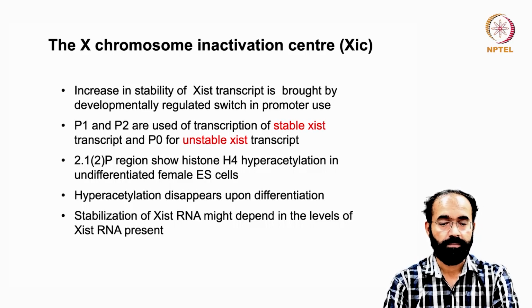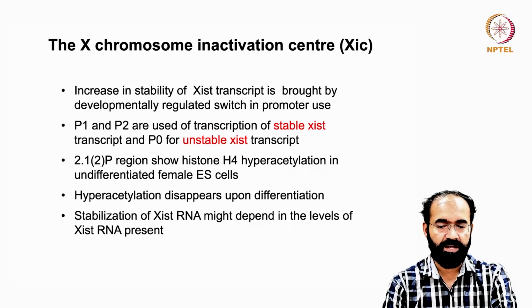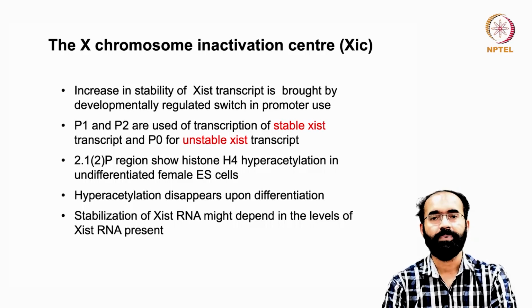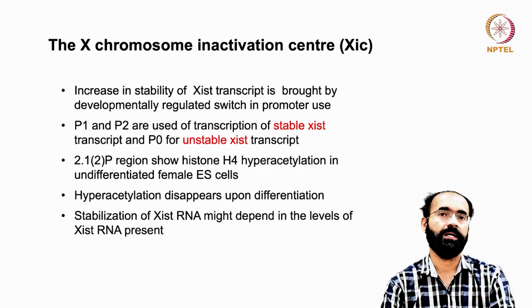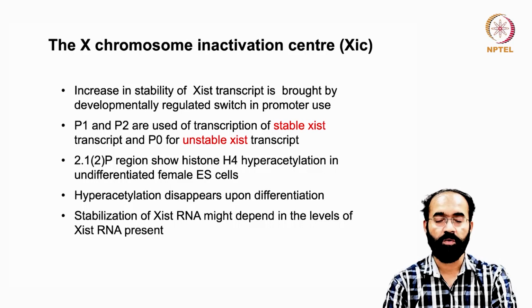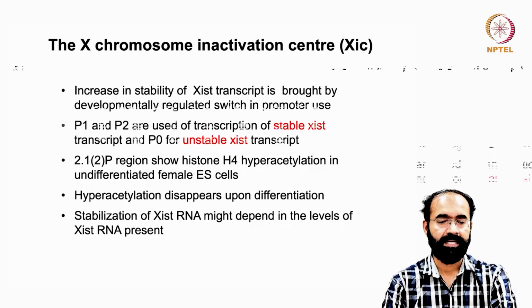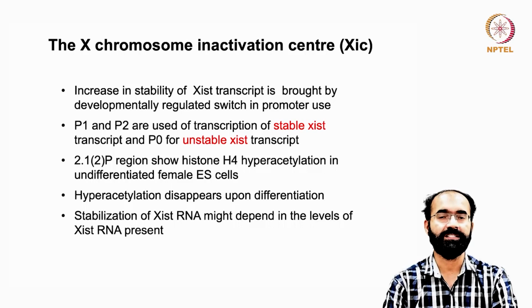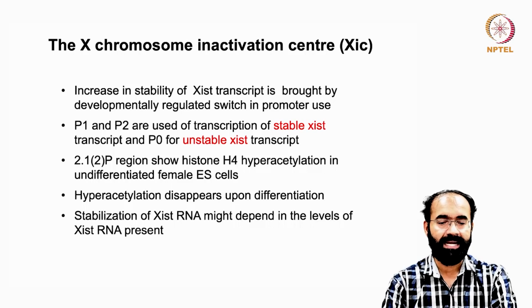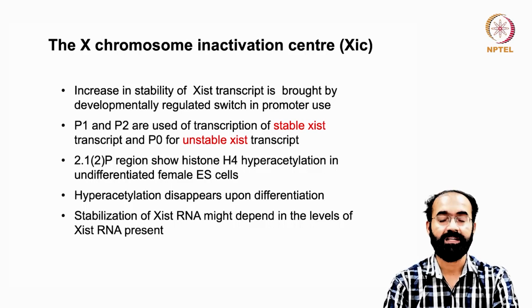The 2.12p region shows H4, meaning histone 4 hyperacetylation, in undifferentiated female embryonic stem cells. So this is a region; P arm and Q arm are the 2 arms on either side of the centromere of a chromosome. The 2.12 region of the P arm will show histone 4 hyperacetylation in undifferentiated cells, which means it is maintaining stemness, in a female embryonic stem cell, and hyperacetylation disappears upon differentiation.